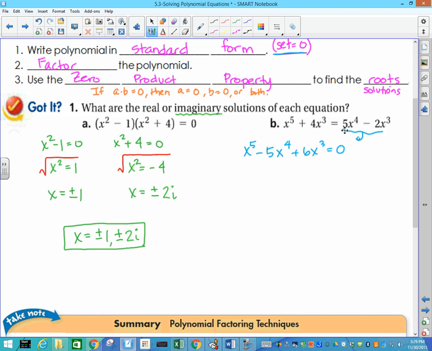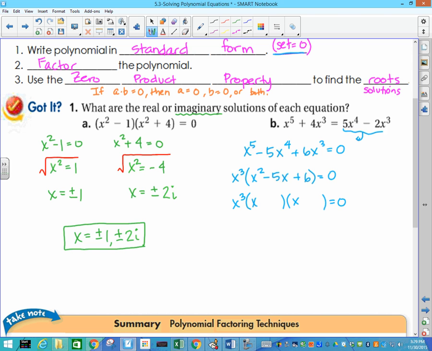And now we have to factor. And I hope you realize that the common factor here is going to be x cubed. So that's going to leave me with x squared minus 5x plus 6 equals 0. And I have to factor that. Since a is 1, I know I'm going to have x and x.